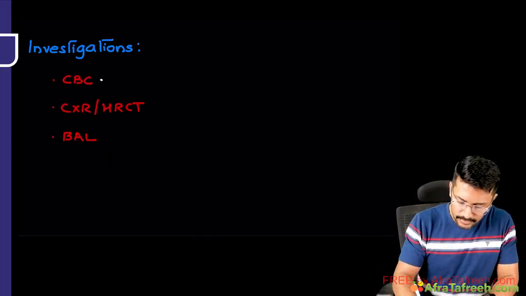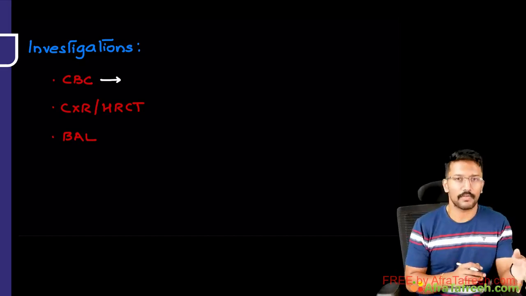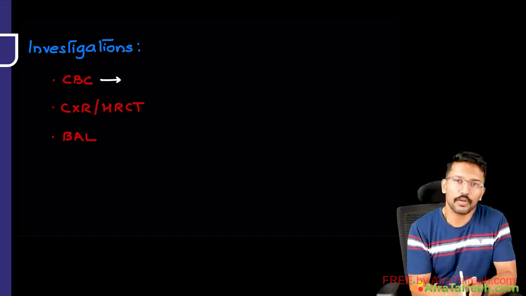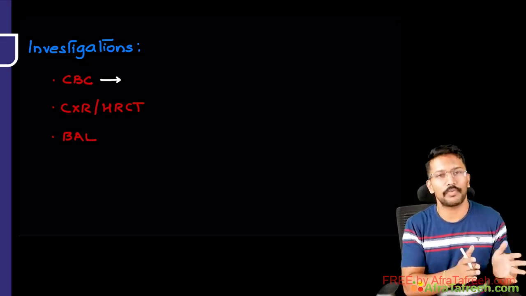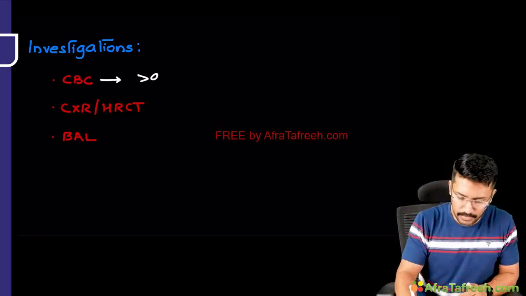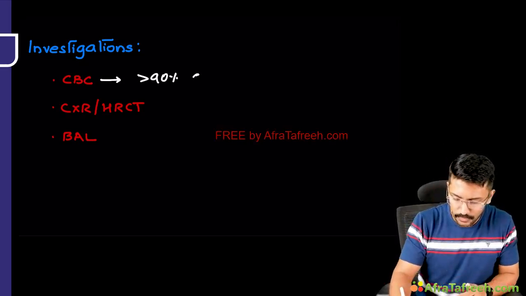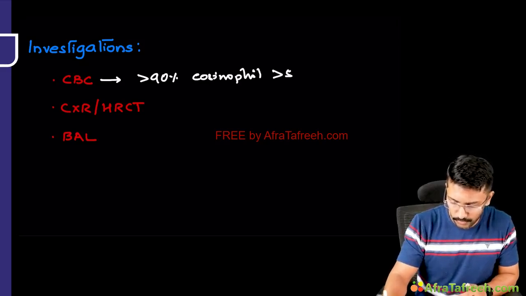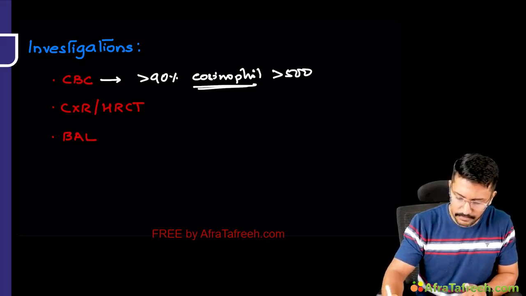Okay. Now when we look at these patients' CBC during investigation, we will notice that more than 90% of these patients have peripheral eosinophilia. More than 90% of patients have an eosinophil count of more than 500. So these have significant eosinophilia at the time of presentation itself.